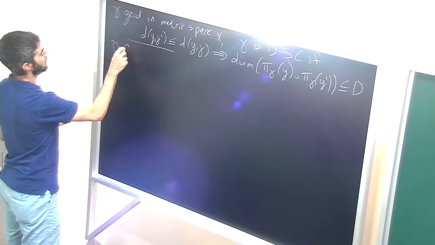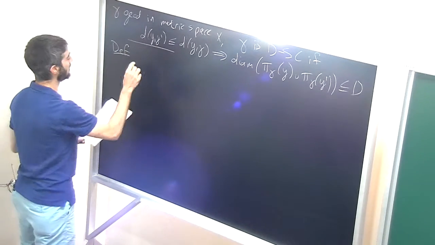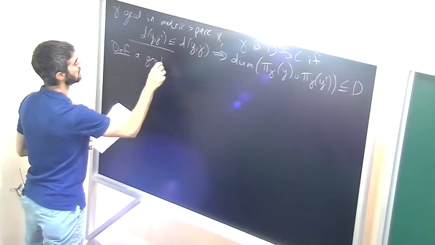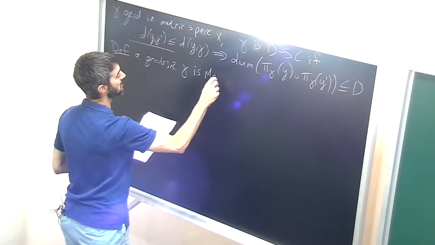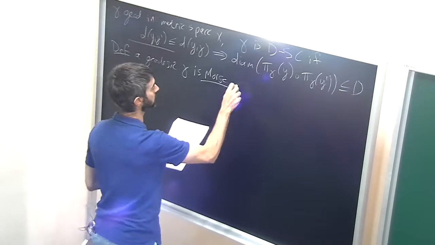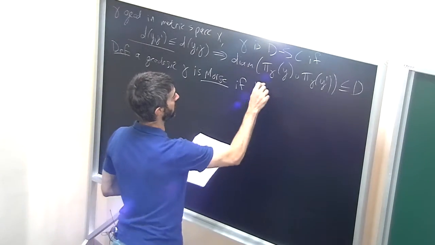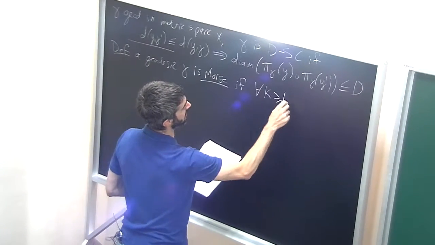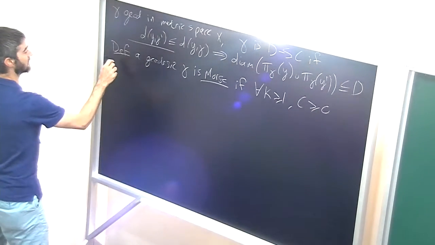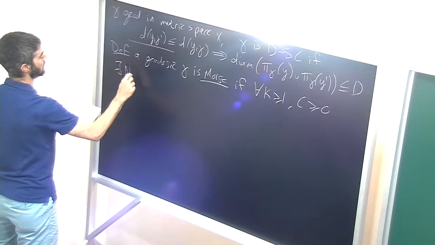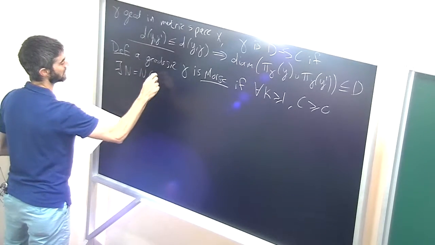Let me formulate it as follows. A geodesic gamma is Morse if whenever you pick numbers k and c, there exists some other number n, which really is a function of k and c.